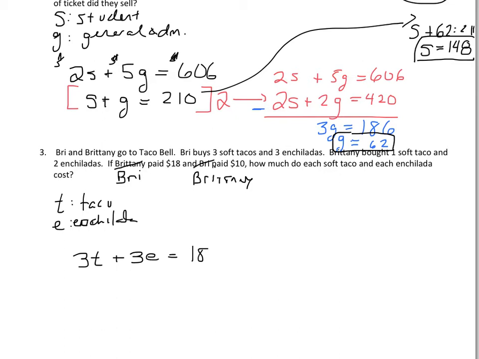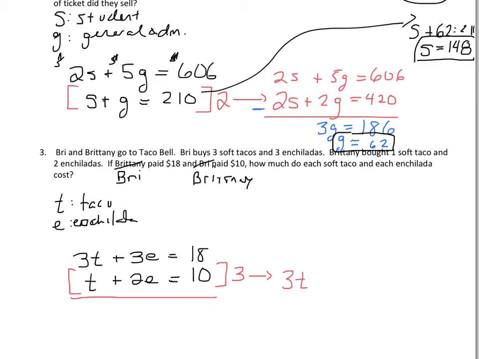Brittany buys 1 taco and 2 enchiladas and she only pays $10. So this is set up to do elimination. Which one do we want to eliminate? I think T would be best because 1 goes into 3 evenly. So we're going to have to multiply the bottom equation by 3.